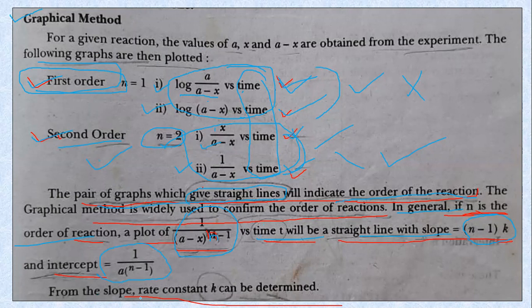So from the slope, the rate constant k can be determined. Don't bother about this much, you just focus on these two parts. Okay, this is the general statement given by the book. So these are the two methods.